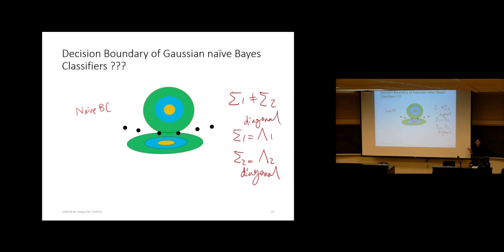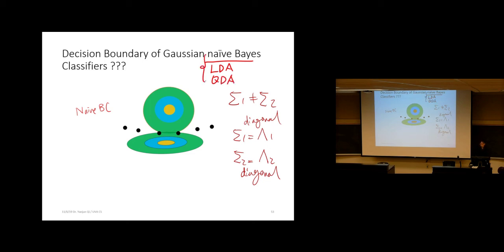All right, my last question is: does the naive Bayes classifier learn a linear decision boundary? We have naive Bayes, then LDA, then QDA, right?